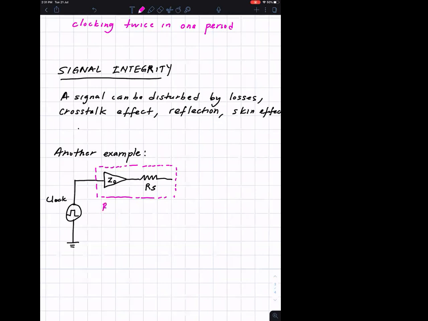A buffer with output impedance represented by Z naught.